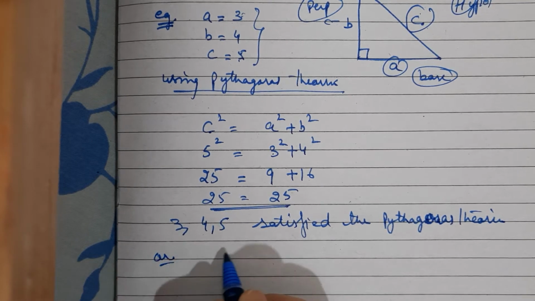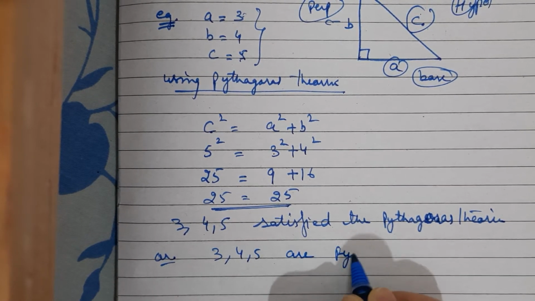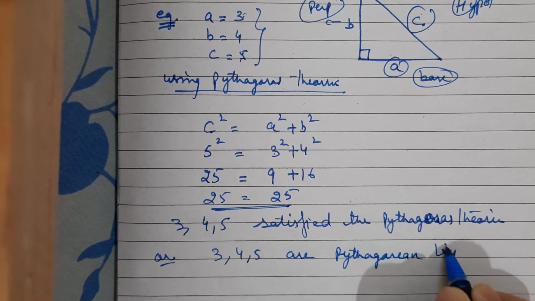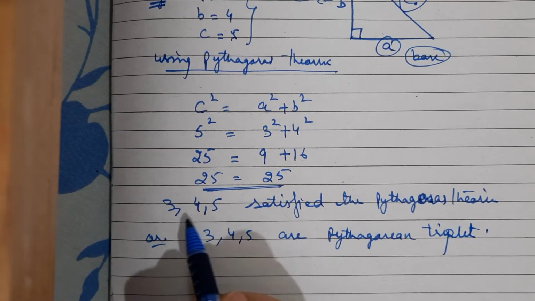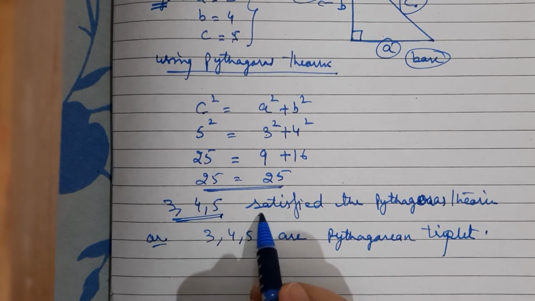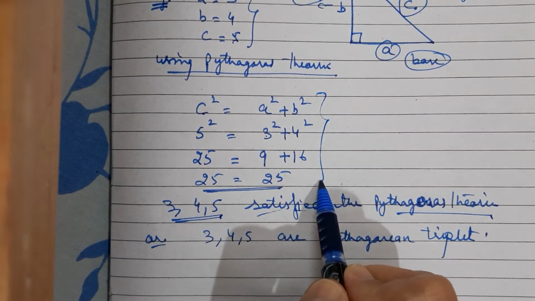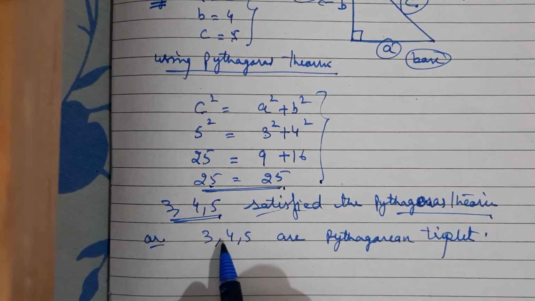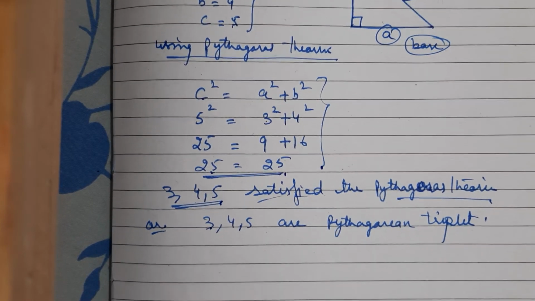Or we can say that 3, 4, 5 are Pythagorean triplet, right? So these three measurements satisfy the Pythagoras theorem because we have checked hypotenuse square is equal to base square plus perpendicular square. So 25 is equal to 25, or we can say that 3, 4, 5 are the Pythagorean triplet.